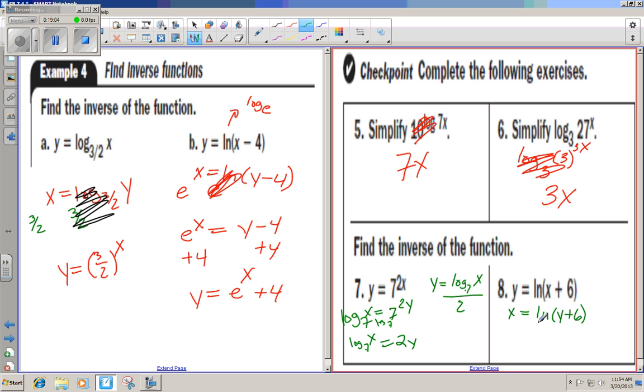To undo a natural log, you raise it to the natural base, or by the natural base. So e to the x is equal to y plus 6. Of course, you're going to subtract 6 now from both sides. And so your final answer is that the inverse is y equals e to the x minus 6.